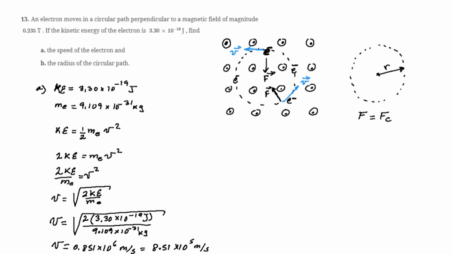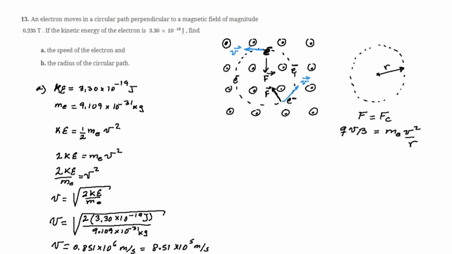So we say that the charge of the electron times the speed times the field, and we know that the angle is 90 degrees because the motion of the electron is perpendicular to the magnetic field, is equal to the centripetal force, that is the mass of the electron times the square of the speed divided by the radius of the path.